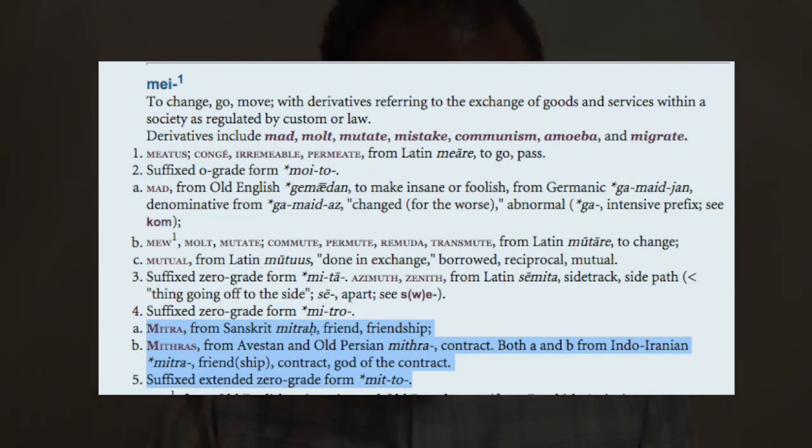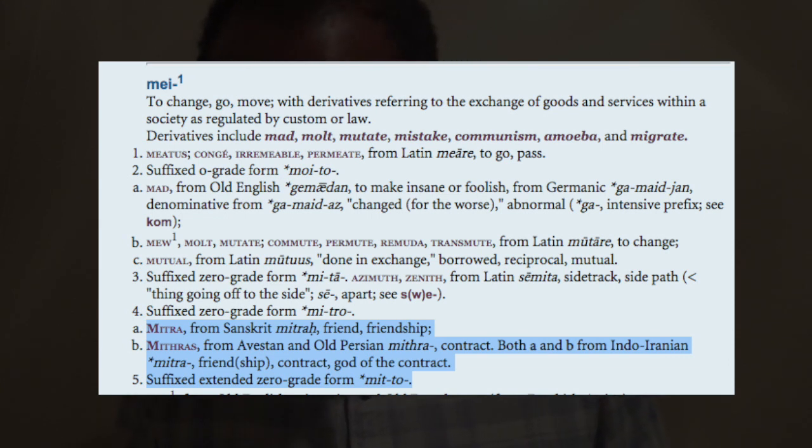We will see that Mithras has to do with Eros and Phanes. For Mitra means friendship, god of contract, and the Sanskrit word Mitra means also friend and friendship. From the Proto-Indo-European root MEI 1, and I'll be throwing that up on the screen.